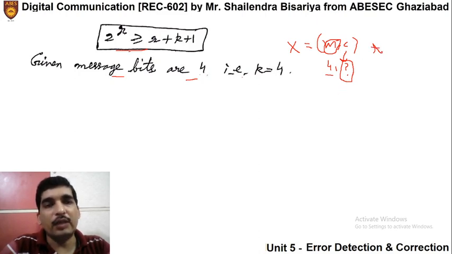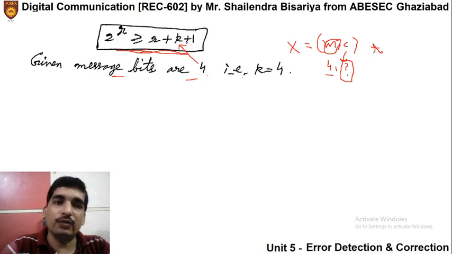From this Hamming condition, here k is equal to 4. So we put k equal to 4 and solve this expression to find the value of r, that means the number of parity bits required.